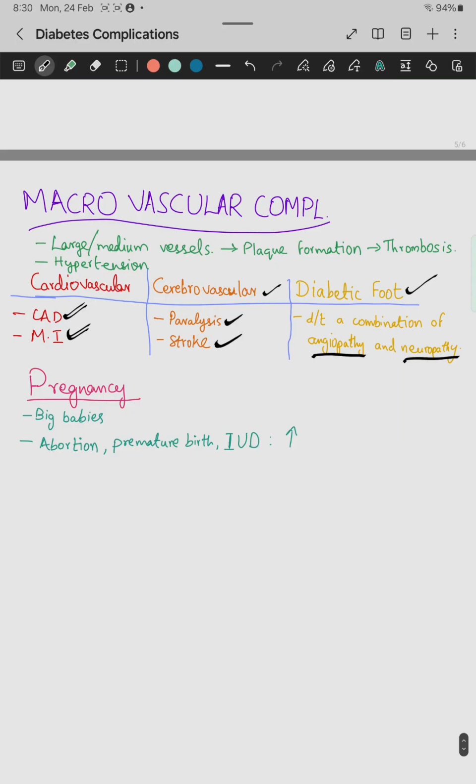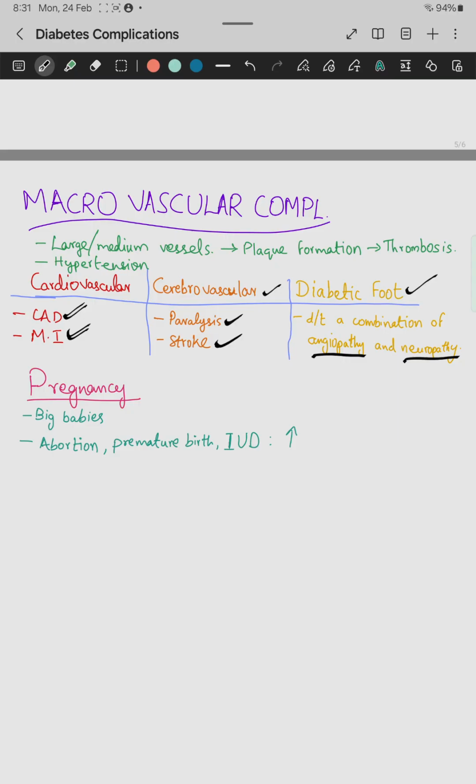Now in pregnancy, if the pregnant woman is diabetic, then the babies that are born will be bigger in size, that is their weight and size will be more. So in diabetic pregnant women, big babies, that is babies with increased weight, are born.